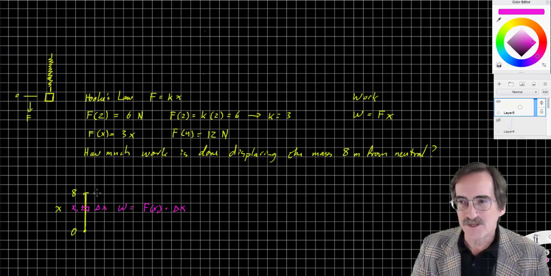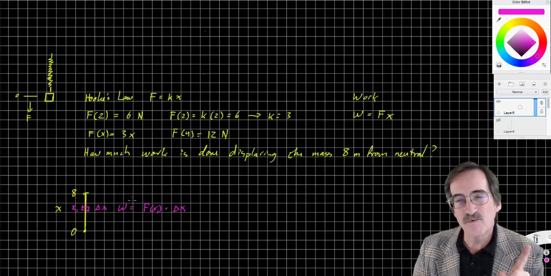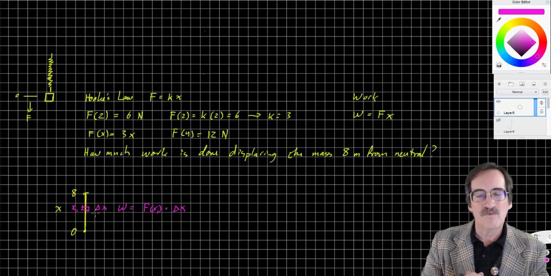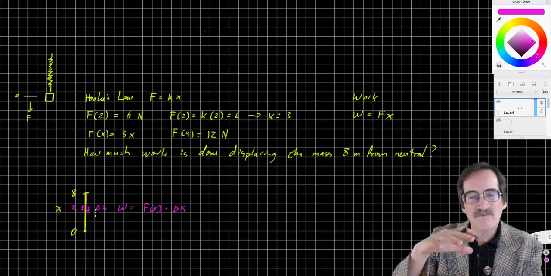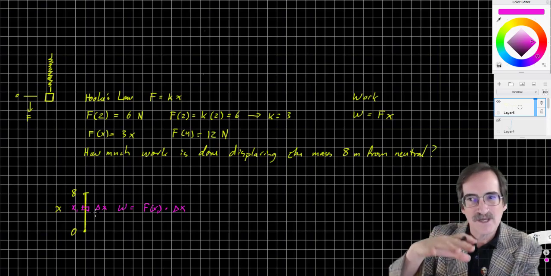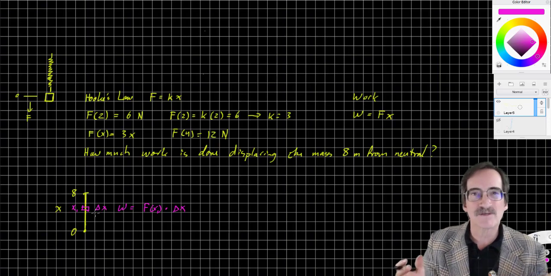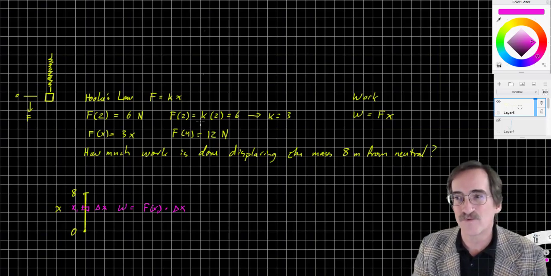Now imagine, if you will, taking an infinite number of these slices and calculating the work done over each of the intervals. And what do we call that when we take an infinite sum of slices that get progressively smaller and smaller? Well, that's a Riemann sum. That is an integral, right?